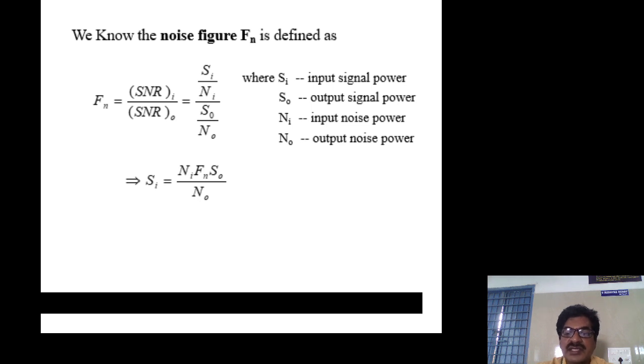Just by rearranging the different terms, we take Si, the input signal. Since Ni, the input noise power, we expressed in the previous slide as K T naught Bn, therefore Si is equal to K T naught Bn Fn into S0 divided by N0.